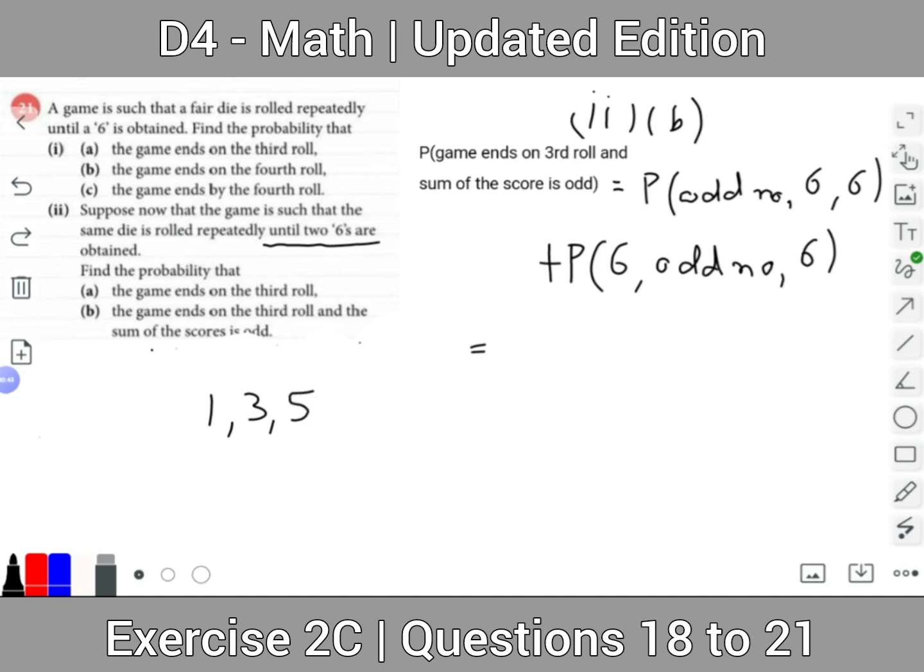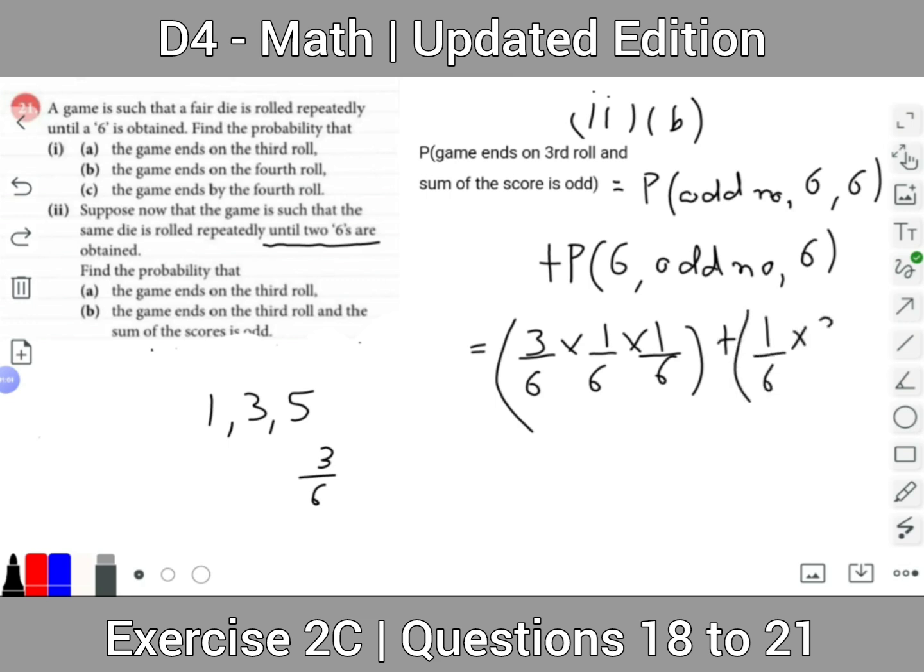the probability for the odd number to appear when the die is rolled will be 3 over 6. So now we have to use here the multiplication law of probability. So the probability for the odd number will be 3 over 6 multiplied by 1 over 6 multiplied by 1 over 6. Now we have plus the probability for the 6 is 1 over 6. For the odd number it is 3 over 6, and for 6 it will be 1 over 6.